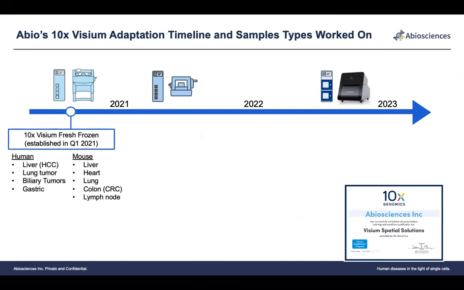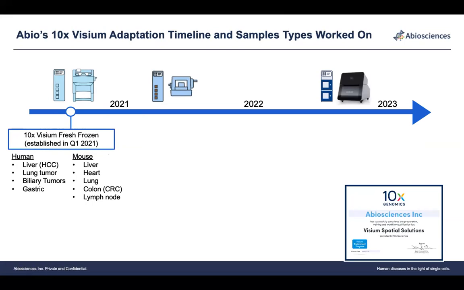We have done various types of tissue, helping customers understand their tissue type, including human liver, lung tumor, biliary tumor, and gastric tumor. In the mouse, we have also looked at various tissues, including normal liver, normal heart, normal lung, colorectal cancer, and lymph node.